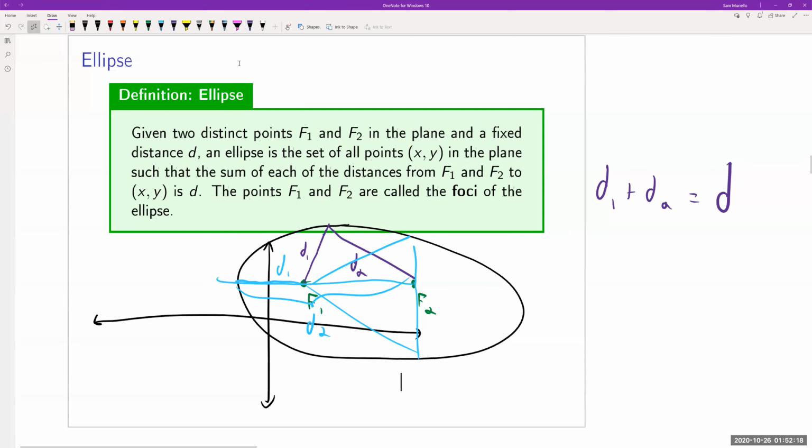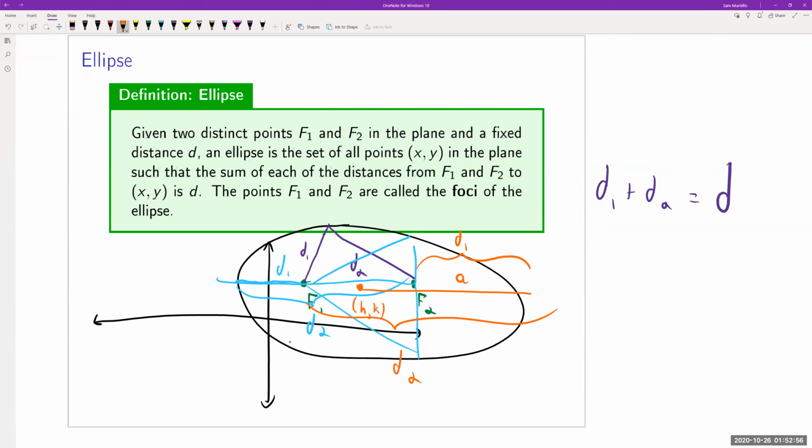The equation for the ellipse you can derive by using this relationship. We're not going to pay much attention to it. There's only one thing that we are going to note, which is that the foci are going to end up being symmetric in the ellipse about the center. There's still going to be a center, h comma k. And if you consider this distance, calling it A for the moment, then we've got this distance, D1, and this distance, D2.